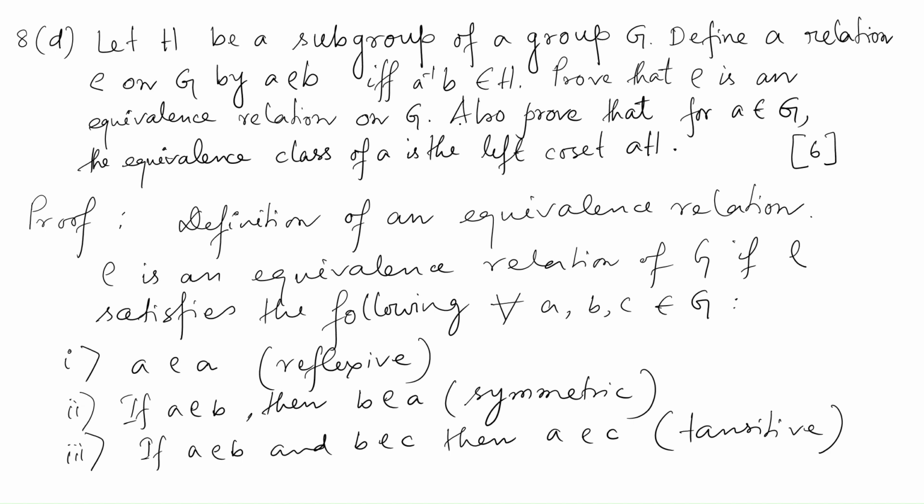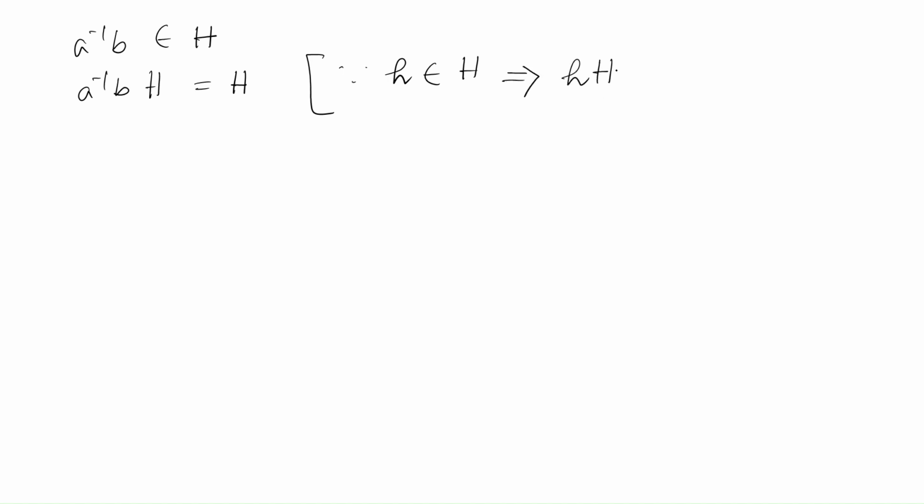Now we have to prove the second part of the question. Also prove that for a belongs to G, the equivalence class of a is the left coset aH. It is given that a inverse b belongs to H. Then we can write a inverse b H equals H. How? If small h belongs to capital H, which will imply small h H equals capital H. Why?